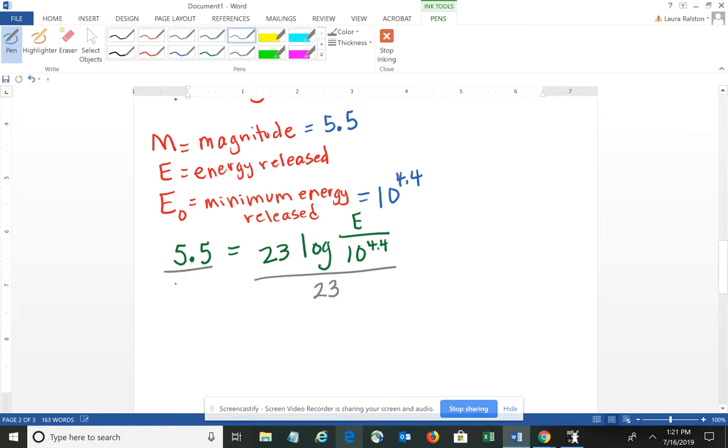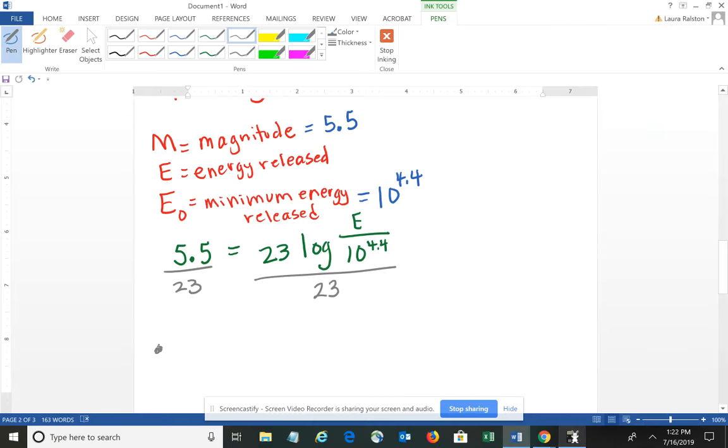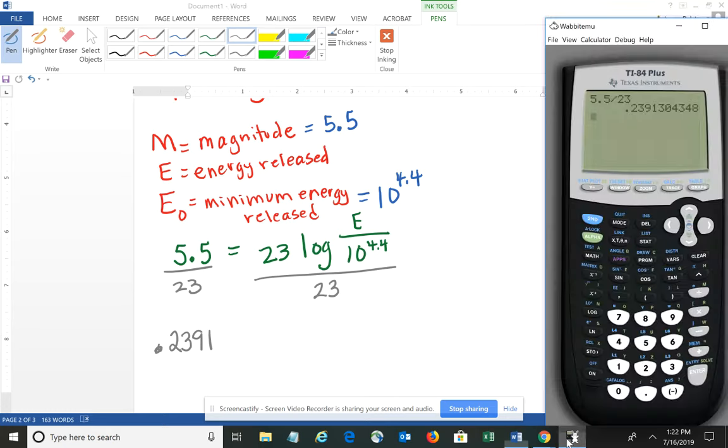We undo multiplication by division. So I'm going to divide, pull up my calculator, and I'm going to divide 5.5 divided by 23. And that gives me a value of 0.2391. And again, it's best to carry all the decimals with you.